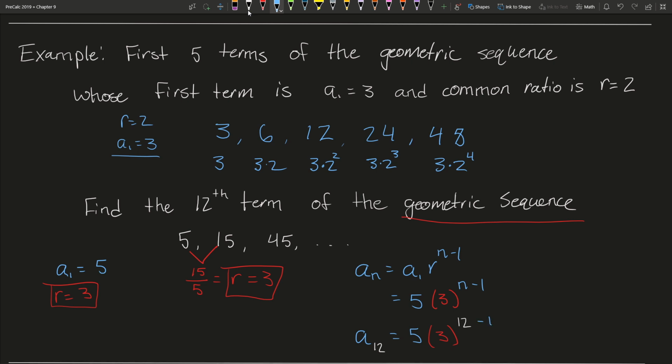We plug that into a calculator, and we get an answer. So 3 to the power of 11 times 5, and we end up getting 885,735.